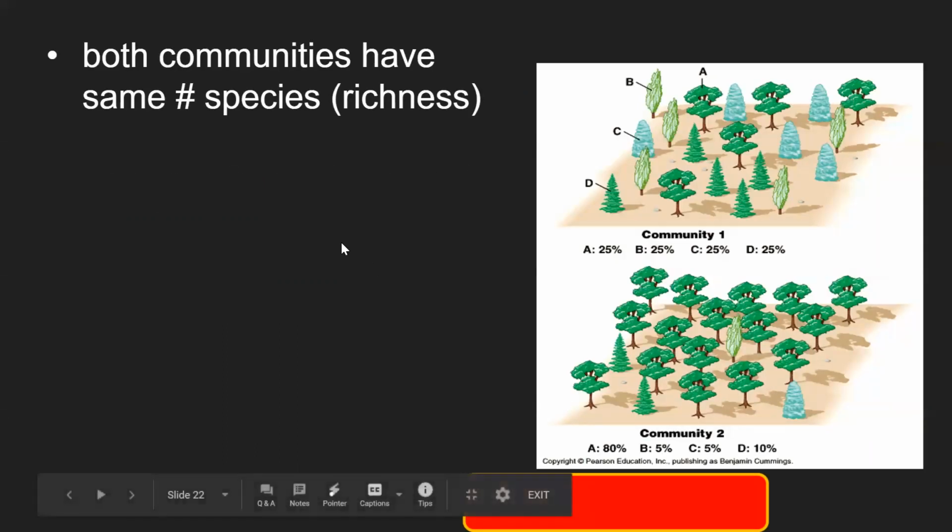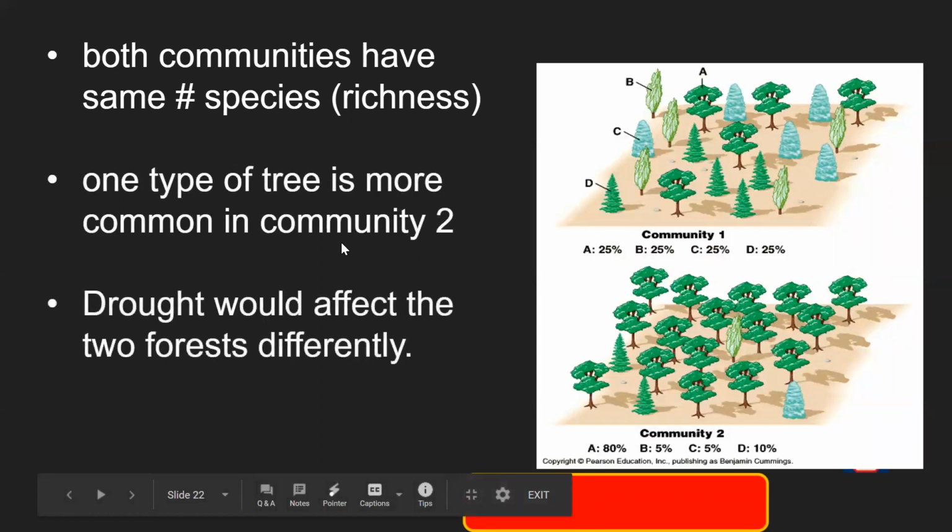So here's another graphic to just kind of explain it. Between the top picture here and the bottom picture down there, there's the same number of species present in either one. You can see these lighter green trees, the dark green trees, the pines, the lighter pines. They exist in both pictures.